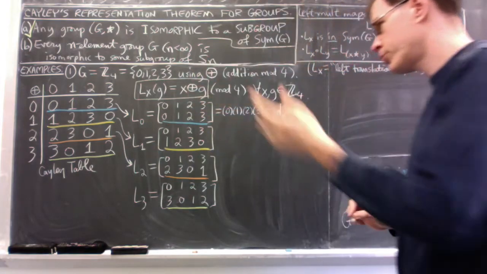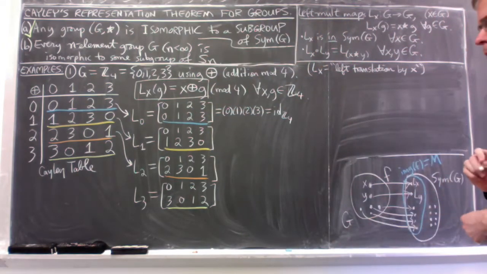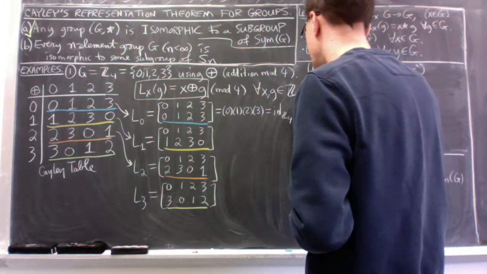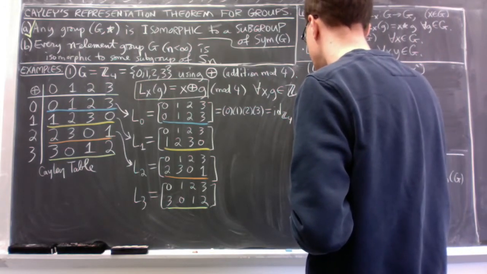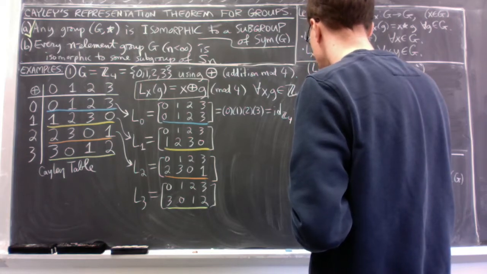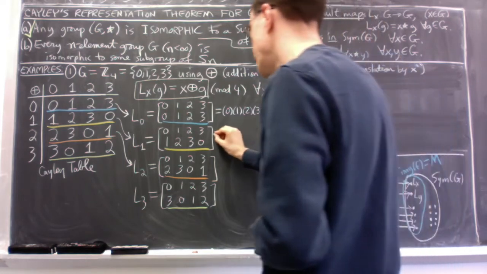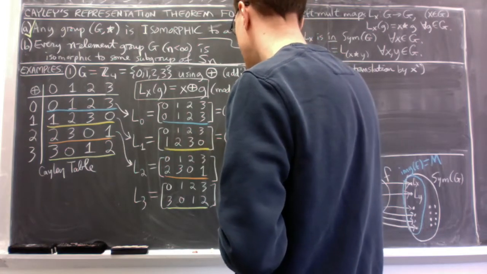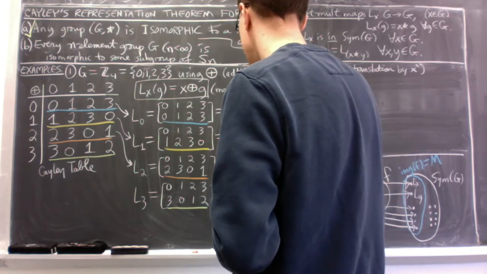L0 is, and that's always true, by the way, because group homomorphisms preserve identity. This is the ID. The identity function could also be thought of as the E of the symmetric group on Z mod 4. Meanwhile, L1 in cycle notation is the 4 cycle 0, 1, 2, 3.